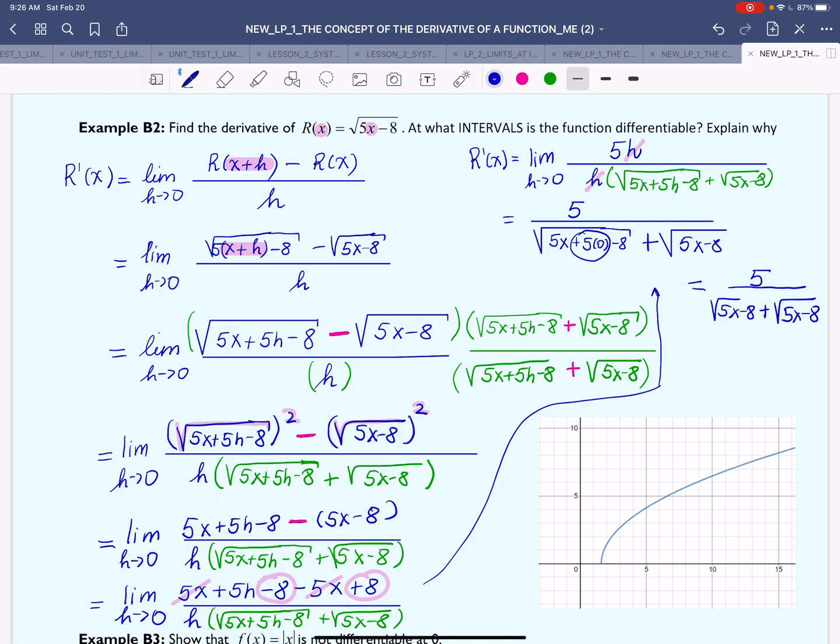So we have two roots of 5x minus 8, so we're going to say r prime x equals 5 divided by 2 roots of 5x minus 8.